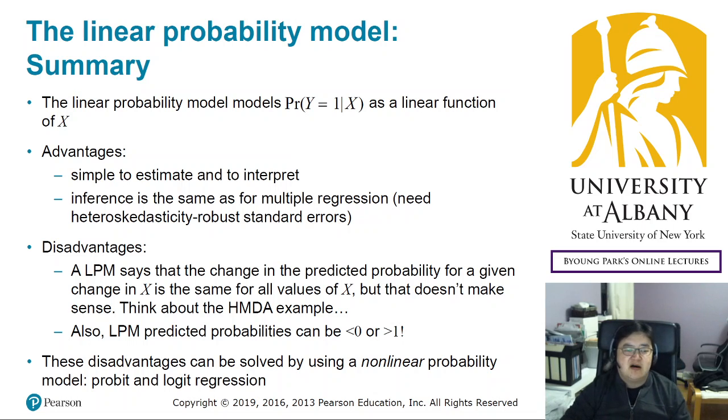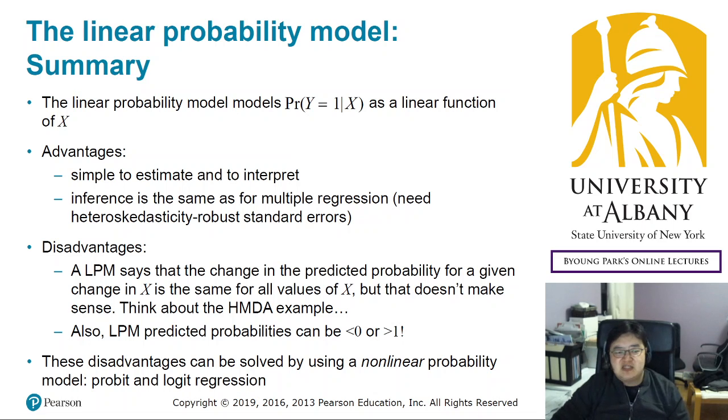This is why we have another separate chapter for binary dependent variables. If the linear model had no problem, then we wouldn't need any chapter. We could study that in 5 minutes and move on to another one.